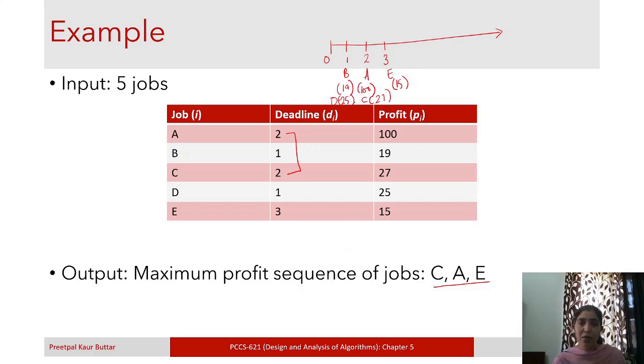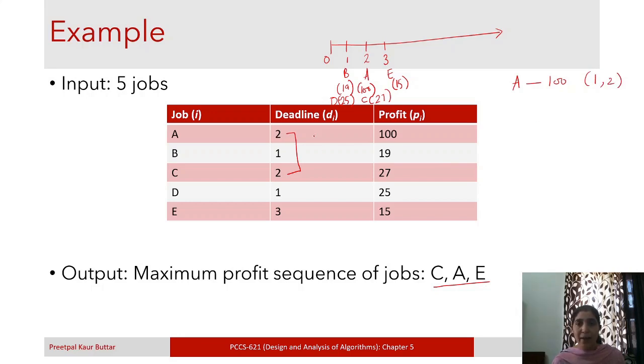It seems that A is giving us the maximum profit, so it must be picked up. So we pick A, and it will give us a profit of 100. The time slots in which we can schedule it are 1 and 2, right? Because its deadline is 2.